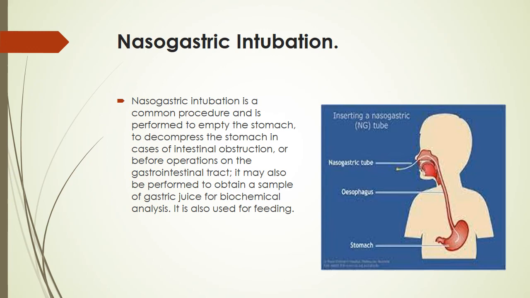The next is nasogastric intubation, a common procedure performed to empty the stomach, to decompress the stomach in cases of intestinal obstruction or before operations on the gastrointestinal tract. It may also be performed to obtain a sample of gastric juice for biochemical analysis, and it is also used for feeding. The nasogastric tube is passed through nasal route and then it will enter the stomach.